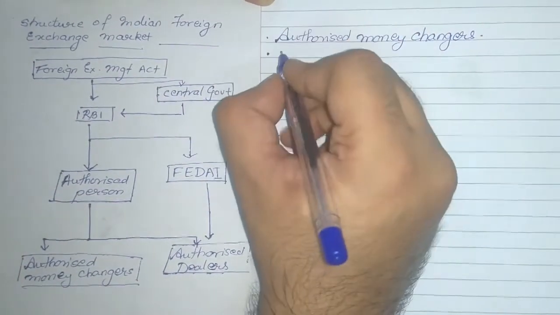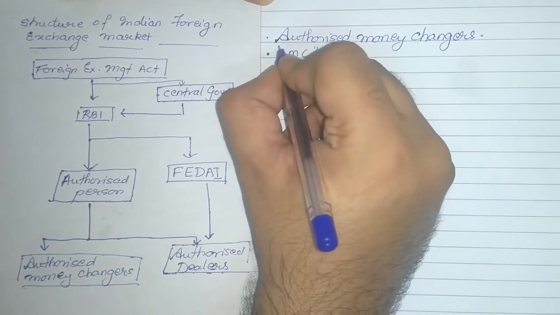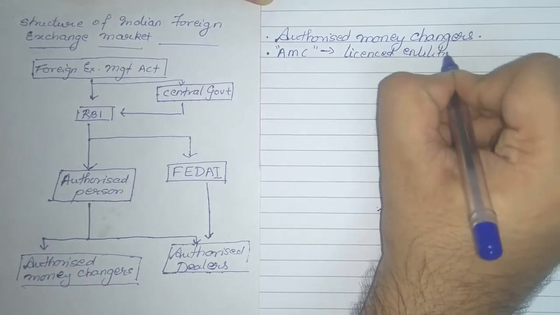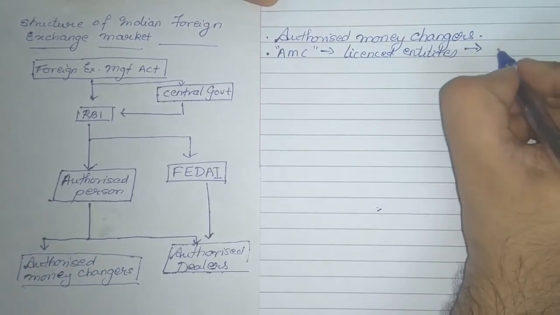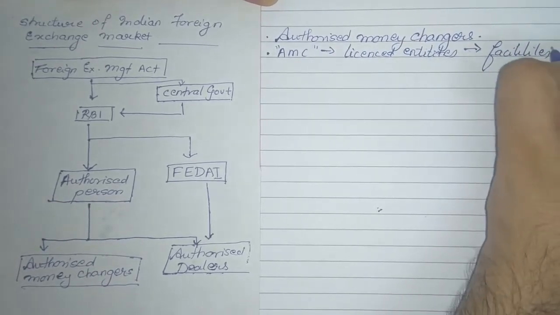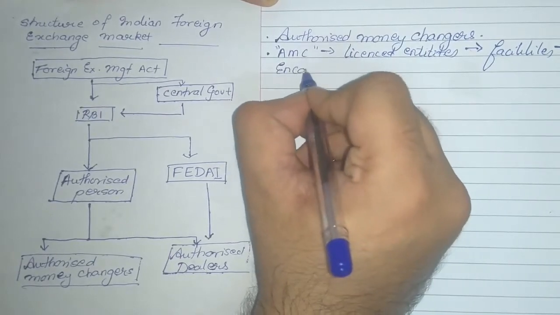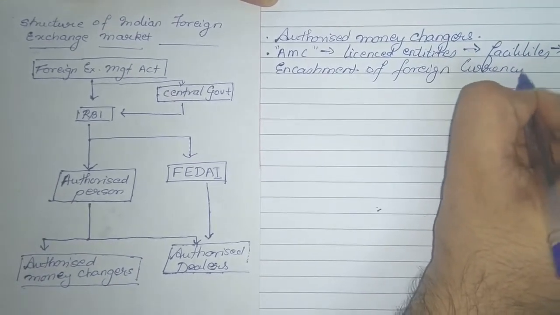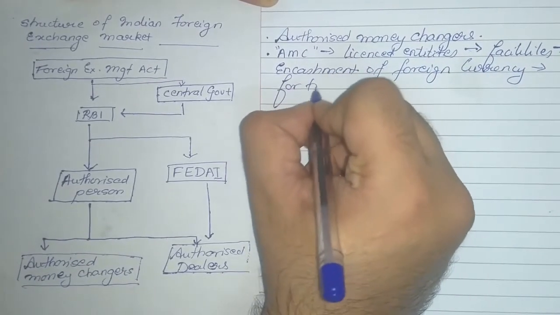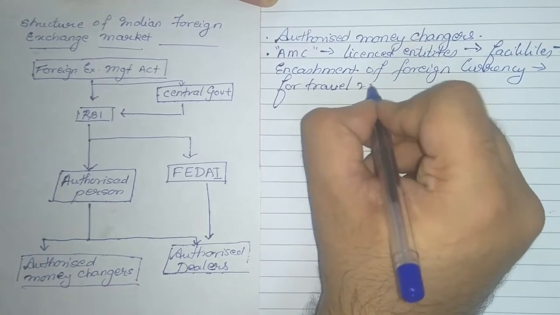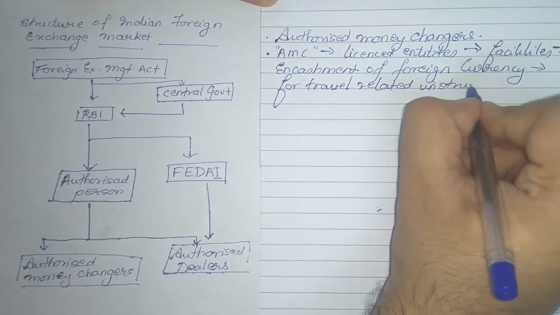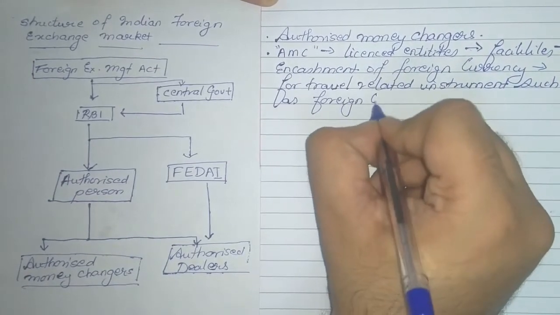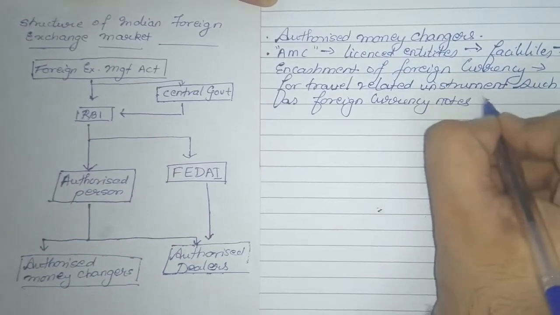So to note it down, authorized money changers are licensed entities who have been permitted to provide facilities for encashment of foreign currency for travel related instruments such as foreign currency notes and the traveler's check.